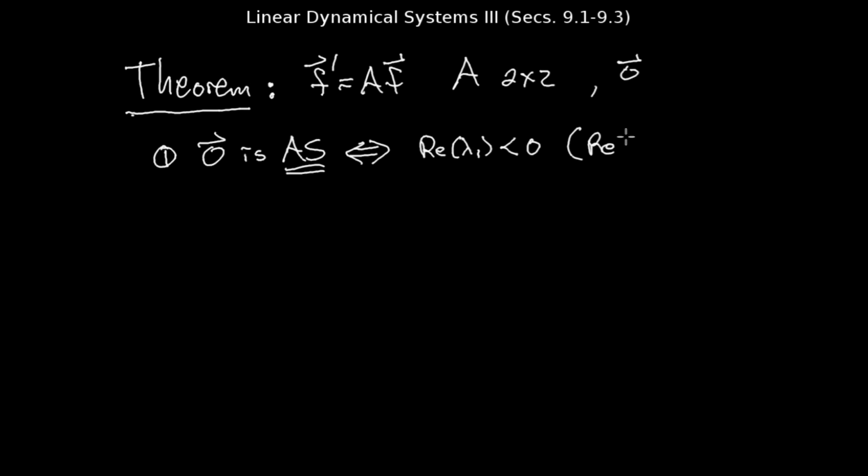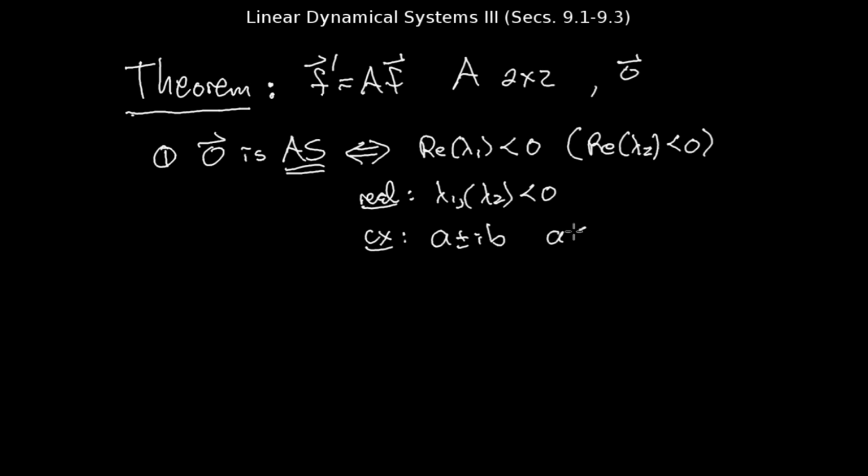And if there are two eigenvalues, the real part of lambda 2 has to be less than 0 also. So if the eigenvalues are real, it just means lambda 1 and possibly lambda 2 are negative. If you have complex eigenvalues, they're a plus or minus ib, and it says that a has to be less than 0.